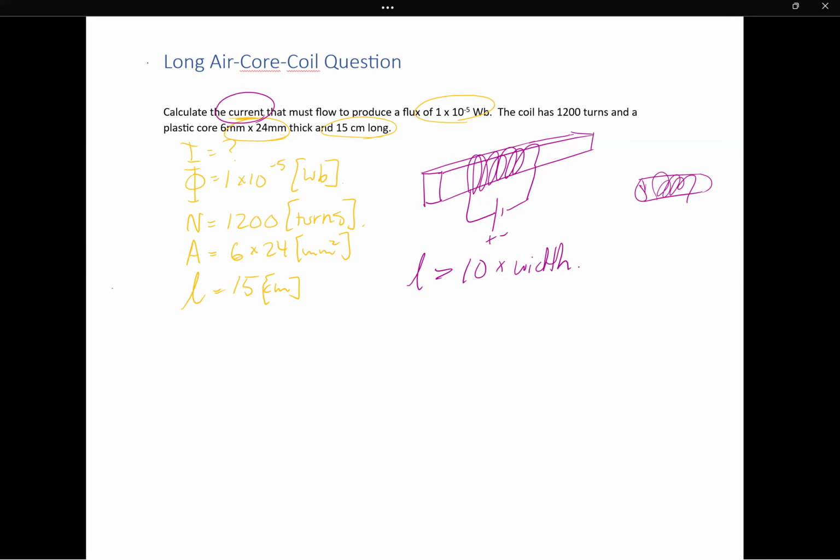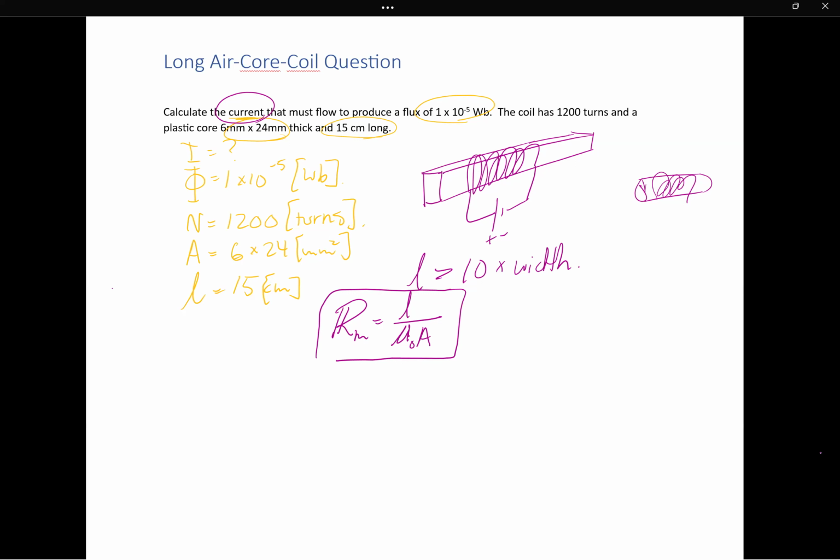Because that's the case, we know that this will observe the following behavior: the reluctance is equal to mean path length over permeability of free space times cross-sectional area. So that is a fact about long air core coils.